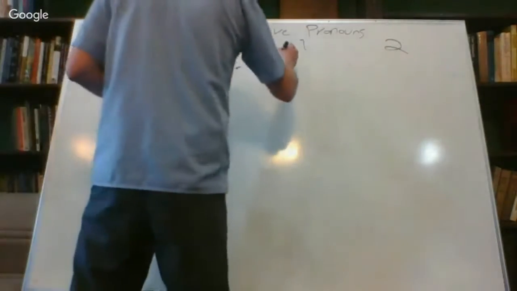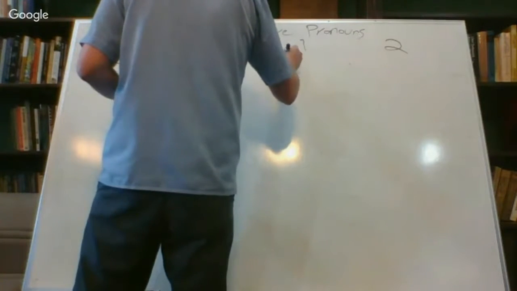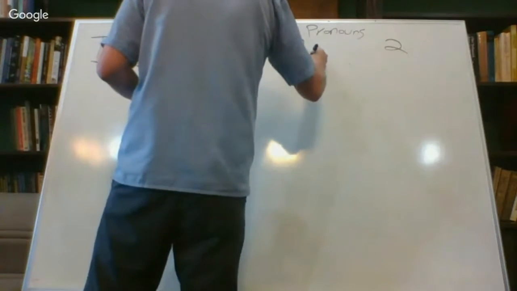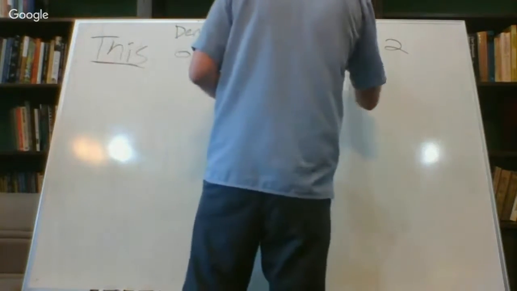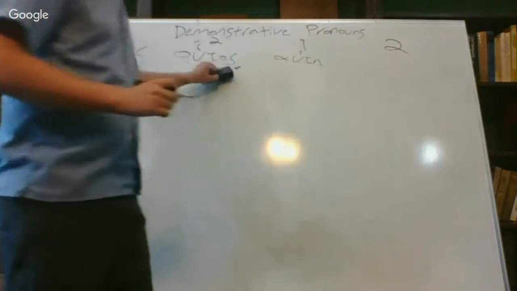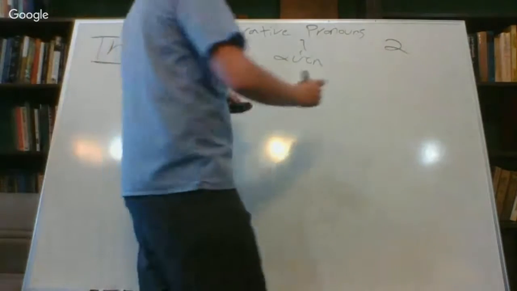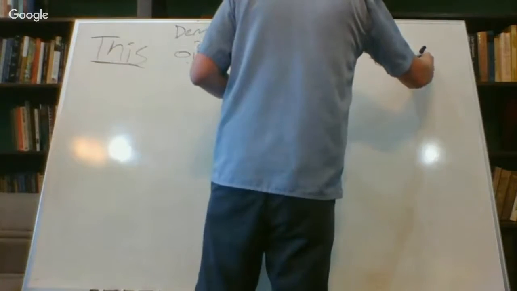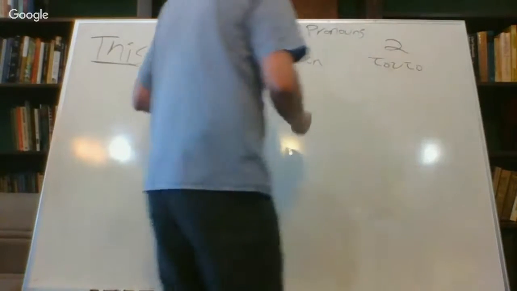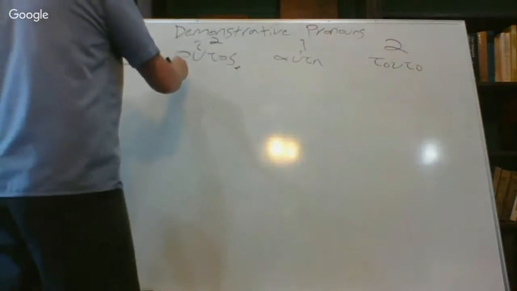It is a masculine, feminine, neuter, but it's also going to be, the case endings are going to be different than in the third declension. The case endings are going to be a vowel.